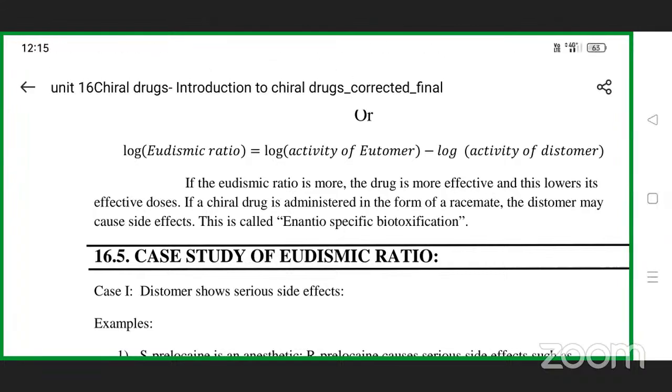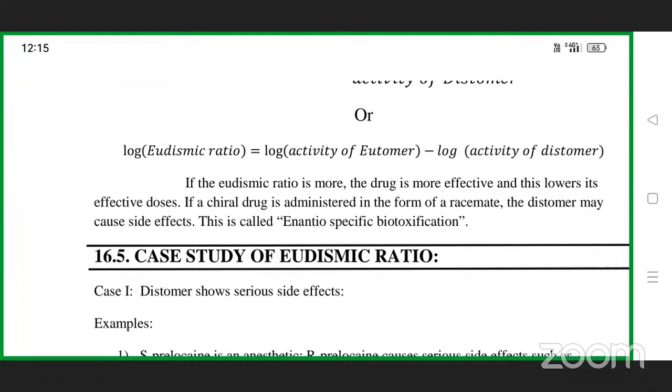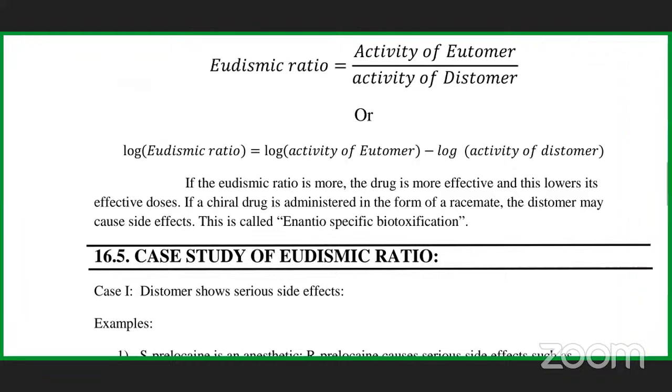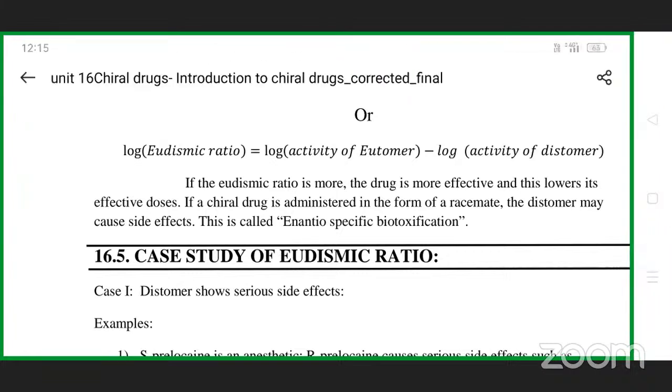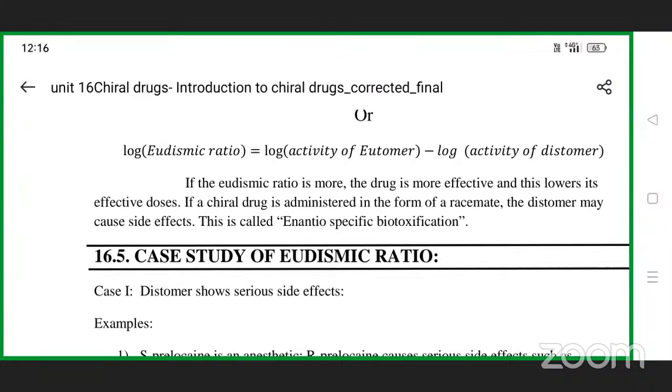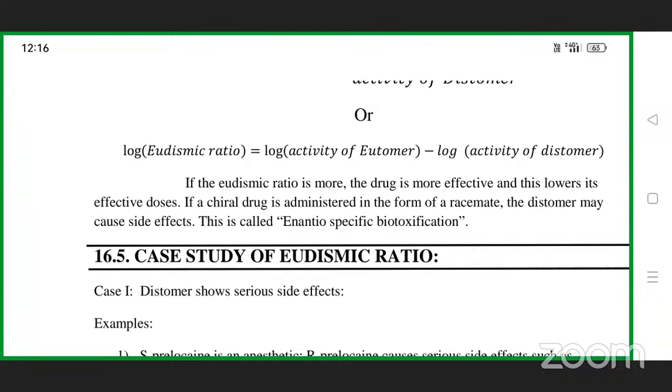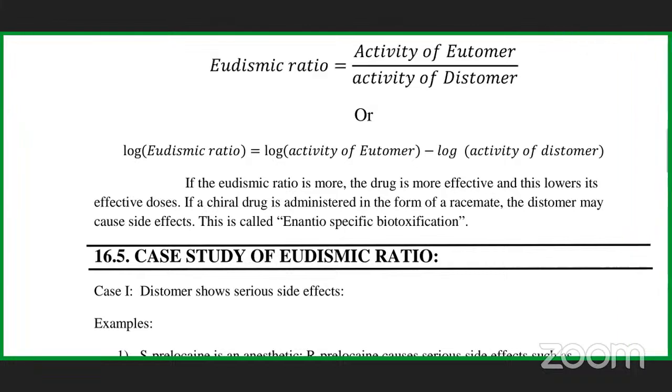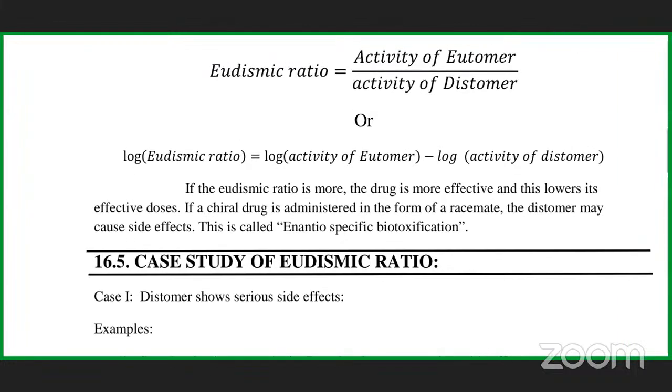When the eudismic ratio is more, then we call the drug more active, and it requires less dosage. And if the eudismic ratio is less, then the drug is less active, then the quantity or the dose of your drug must be more. So we can decide the dose based on your eudismic ratio.